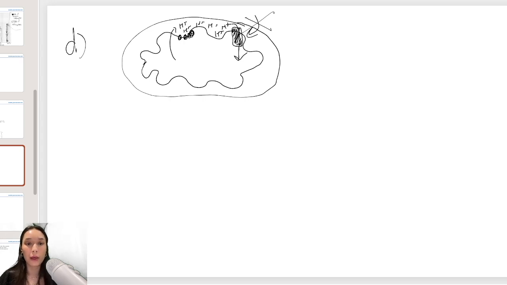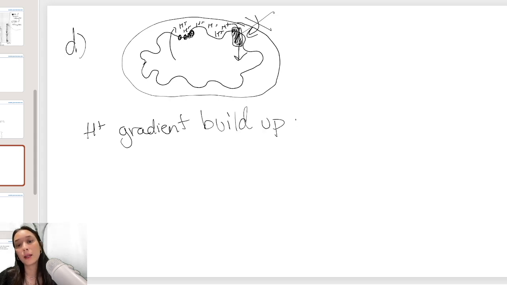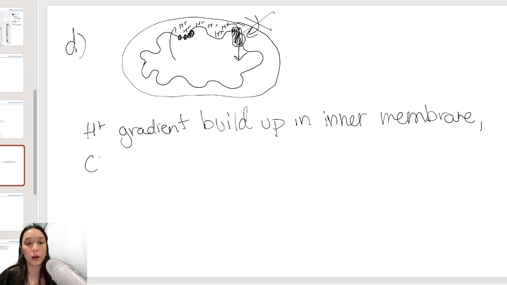I'll put everything that I think is appropriate. So the H plus gradient would build up in the inner membrane space. However, you would not be able to relieve that gradient. So: cannot relieve gradient.